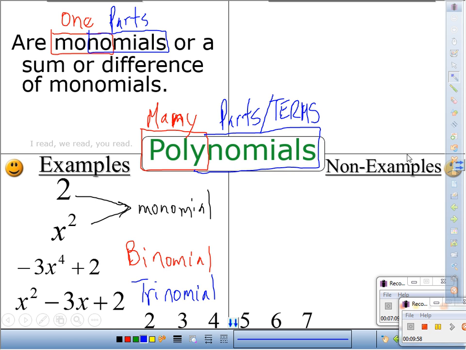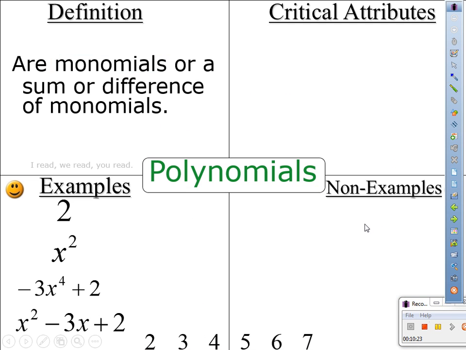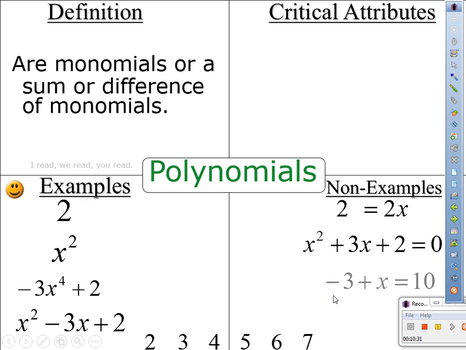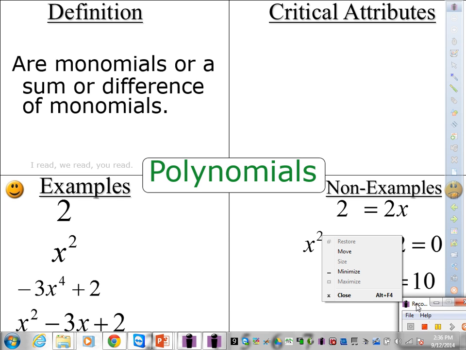So now let me show you some non-examples, so you can make sure we close our thought on polynomials. Here we go. Non-examples. Look at these. 2 equals 2x, copy that. x squared plus 3x plus 2 equals 0. And negative 3 plus x equals 10. Look at those.